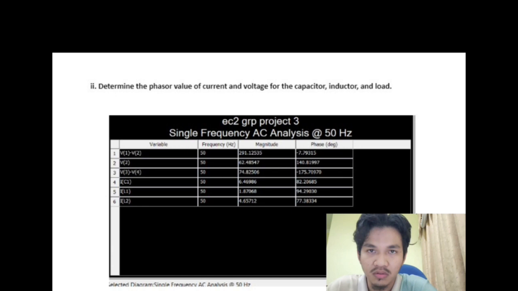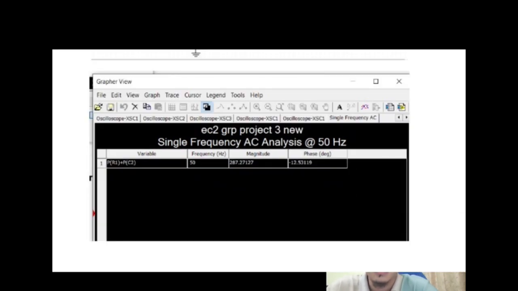For Zmax, we change the value of R1 for the Thevenin value so that we can find 65.229 ohms.